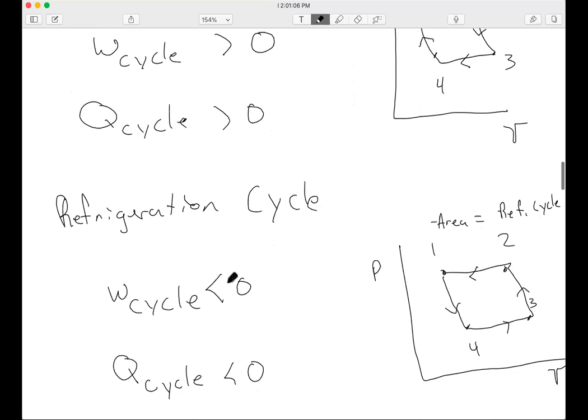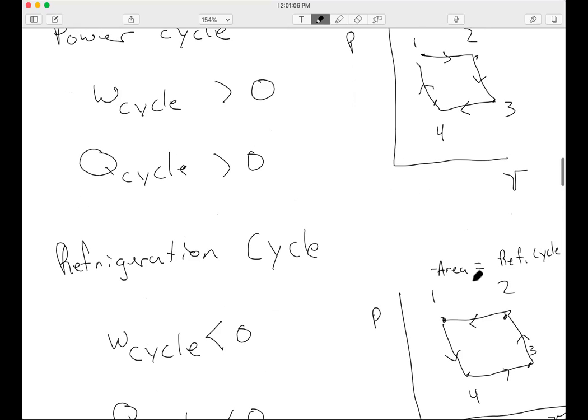A refrigeration cycle consumes work, so it has a negative value for work, and consequently a negative value for Q. But what that means is we just go through the stages in a reverse order. A negative area means it is a refrigeration cycle. And there's also an interesting observation. If you took any engine and you were able to somehow reverse it, now in real life that may break your machine, but if you could, it would turn into a refrigerator. Or if you took a refrigerator and you ran it backwards somehow, it would turn into an engine. That's kind of interesting.